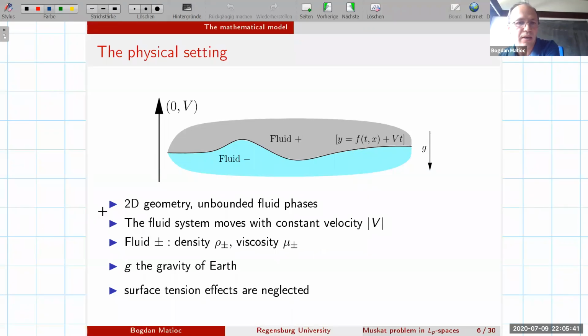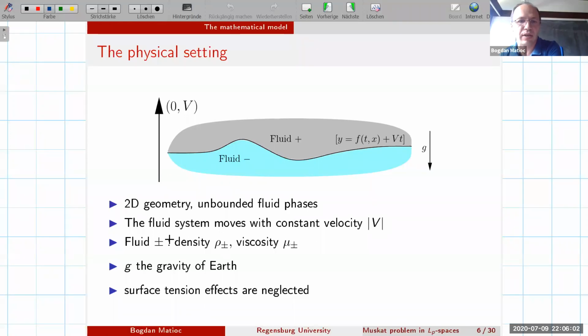And we assume here that this system moves with constant velocity (0, v). So if v is positive, both fluid phases are transported upwards. And this is how we model the injection and extraction of water, respectively oil.